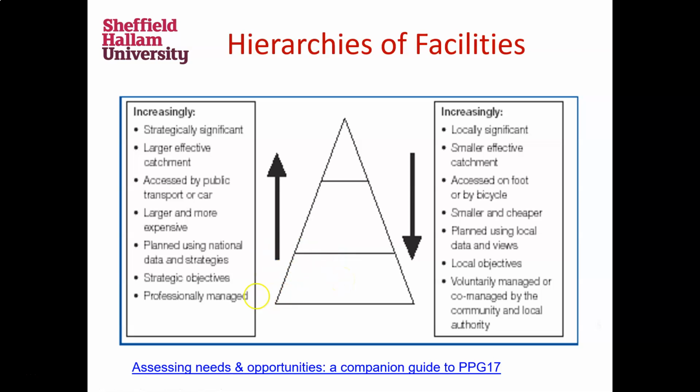But what we can see as we move up this continuum, from community provision up to unique national provision, is that these facilities become increasingly strategically significant with far larger catchment areas.